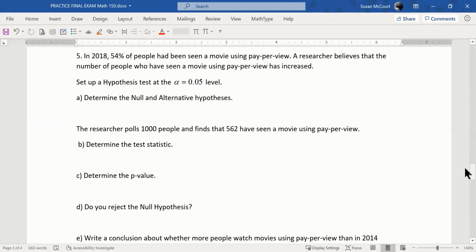Set up a hypothesis test at the alpha equals 0.05 level. So this is the time to have those sheets for the hypothesis test. So remember, there was one for the proportion and one for the mean. You know what I'm talking about? Mm-hmm. That went through step by step.